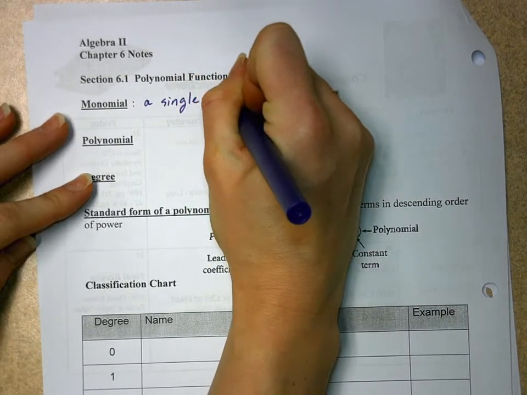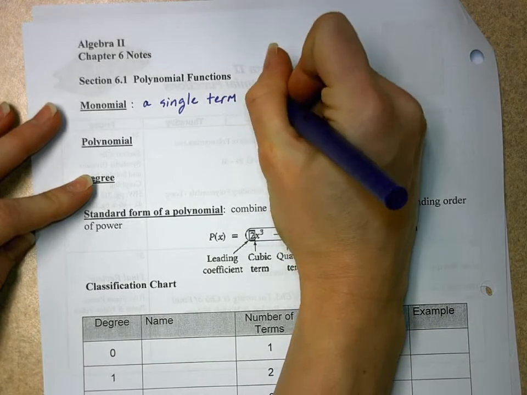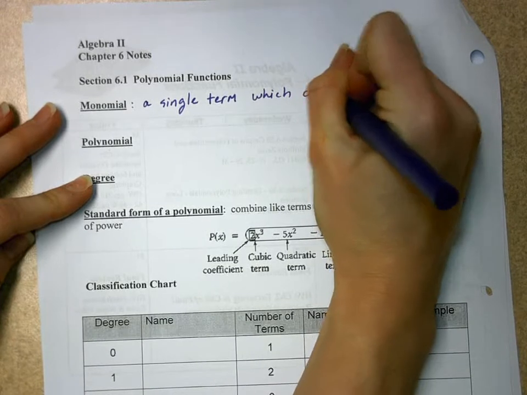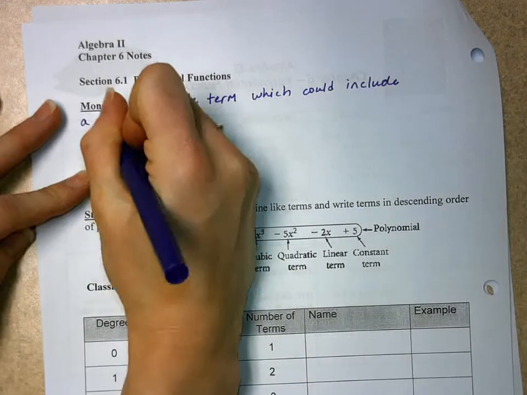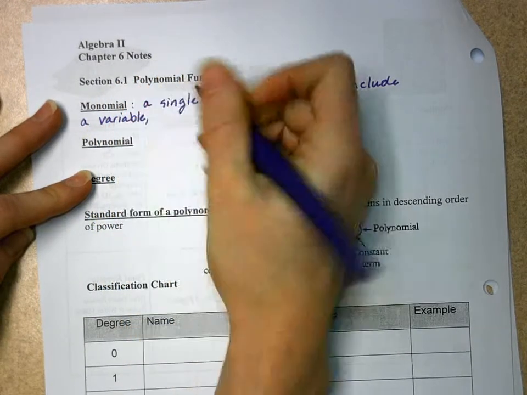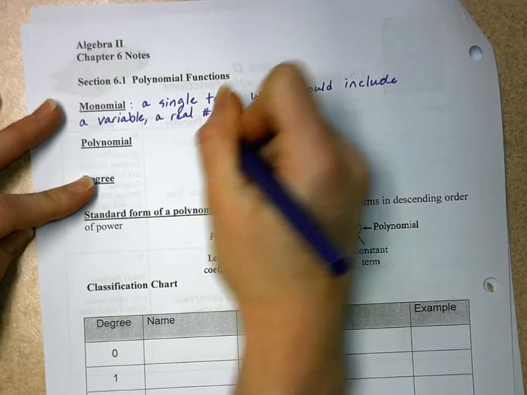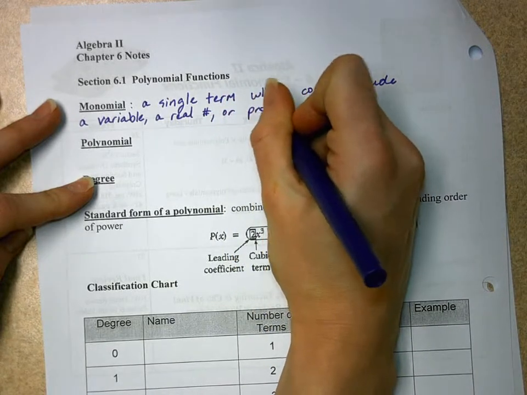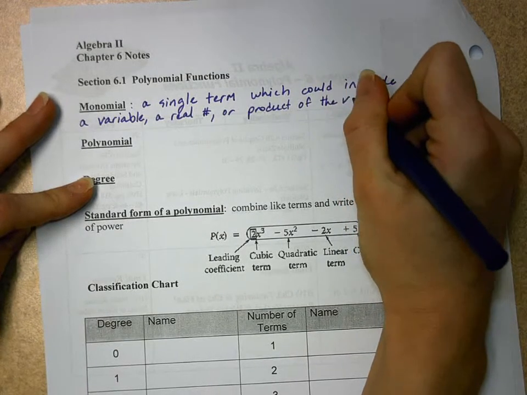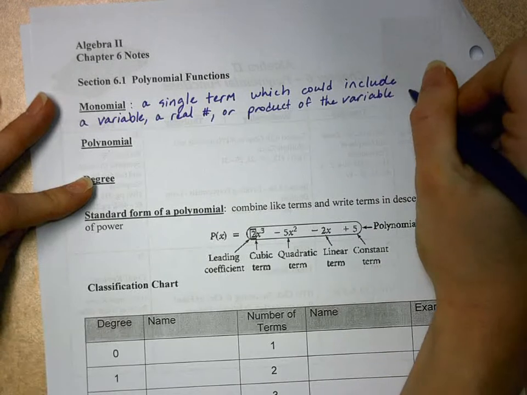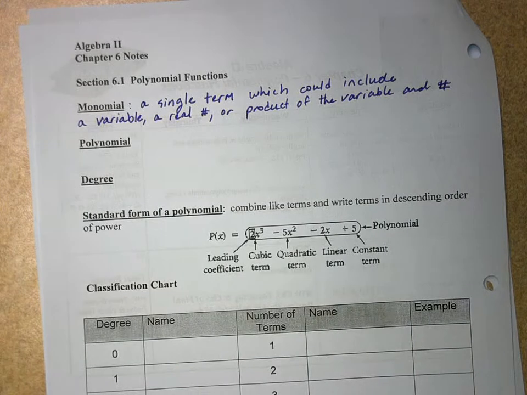And that single term could include a variable, a real number, or a product of the variable and real number. So it's one single term.